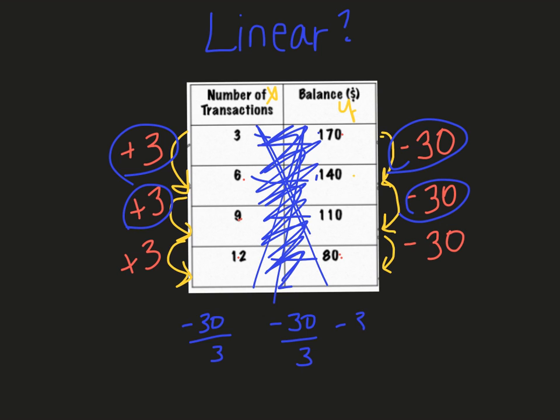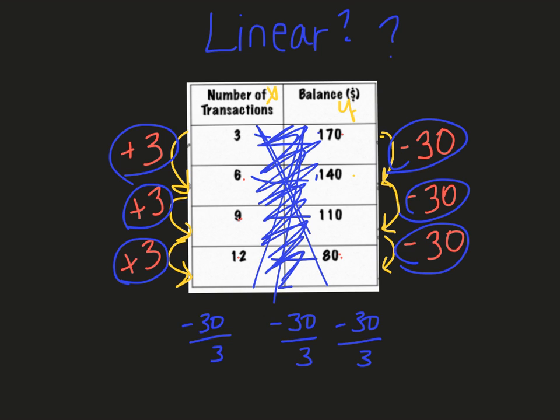And then negative 30 over 3. It takes care of this one. This is important because you're not always going to have every single piece of data in the middle. Maybe it'll skip from 3 transactions to 12 transactions, and you're missing these 2 pieces of data. If you do it this way to find out if it's linear, it's not going to matter.